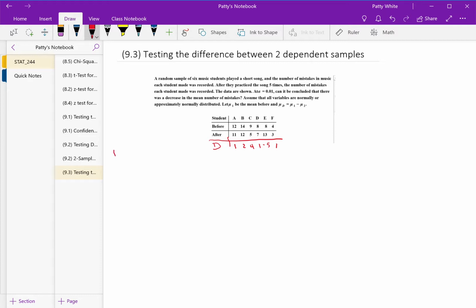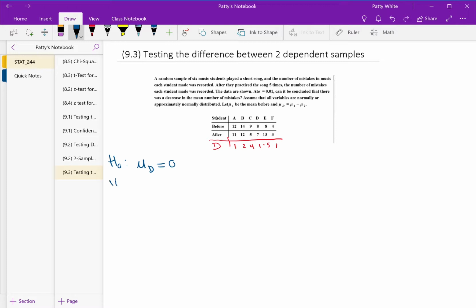So my hypotheses, let me switch back to regular color. We have the null hypothesis, that the difference is equal to 0. So notice I have this new notation: the mean of the difference is equal to 0.